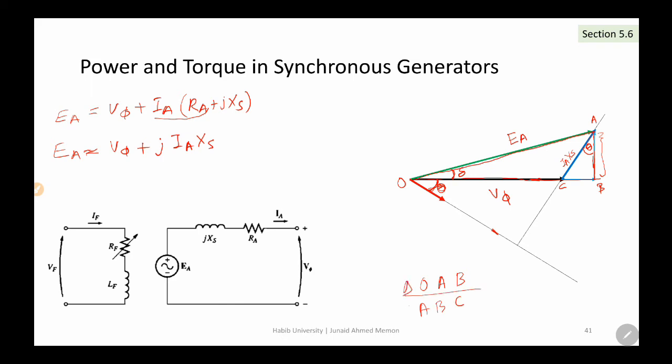The y component, the one highlighted here, from triangle ABC is IA XS cos theta, and from triangle OAB it is EA sine sigma.